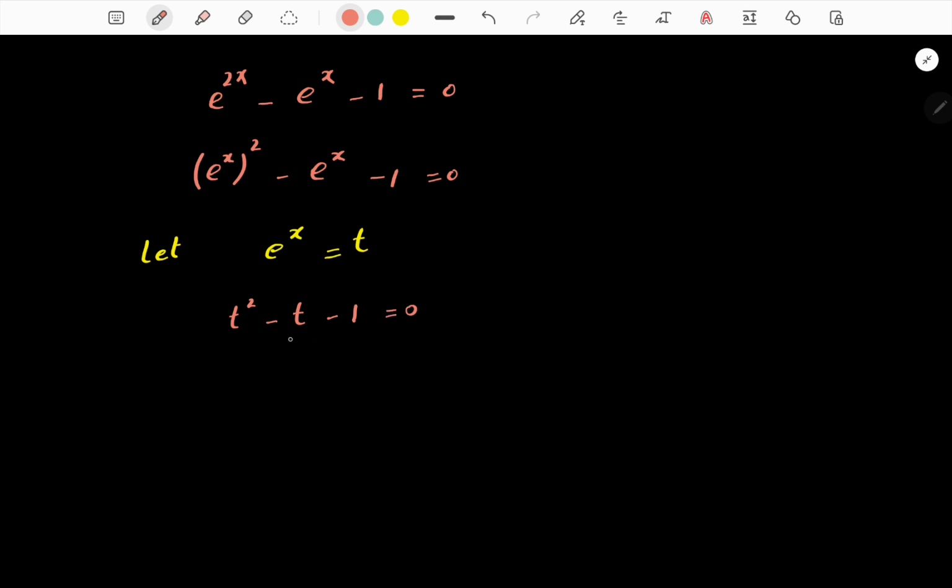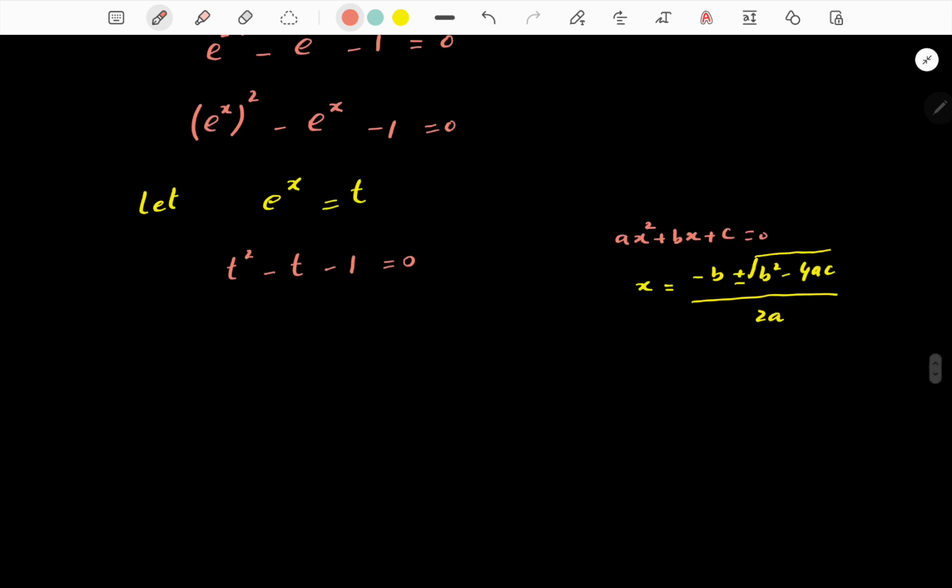This equation is quadratic in t, so we can use the famous quadratic formula. If we have equation ax square plus bx plus c is equal to 0, then according to the quadratic formula, x is equal to minus b plus minus square root of b square minus 4ac, whole divided by 2a.